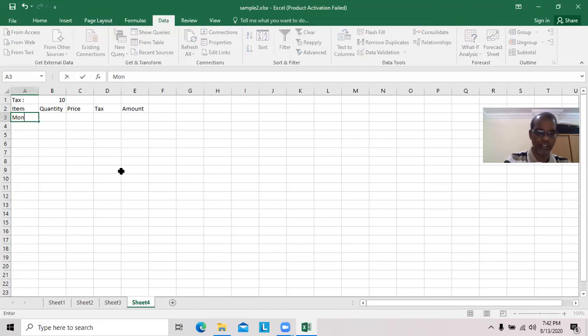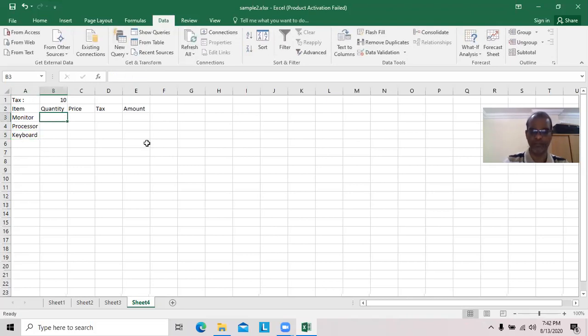We are selling monitor as well as processor as well as keyboard. One person is buying these items from our shop. One quantity, two quantity, three quantity. Price of the monitor is 5,000. This is 6,000. This is 500.